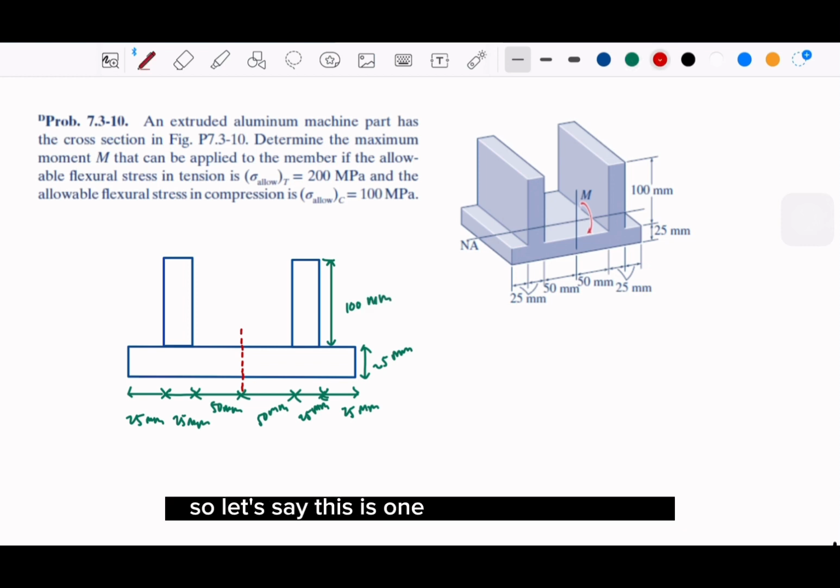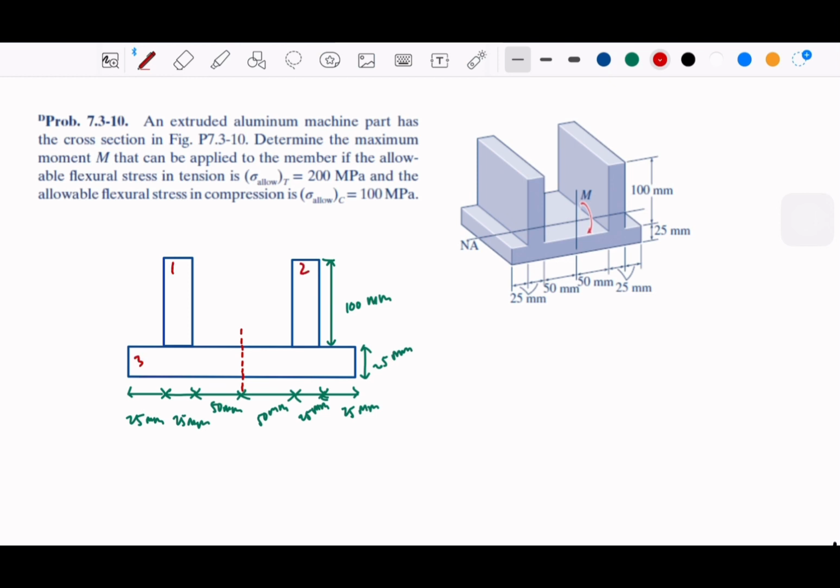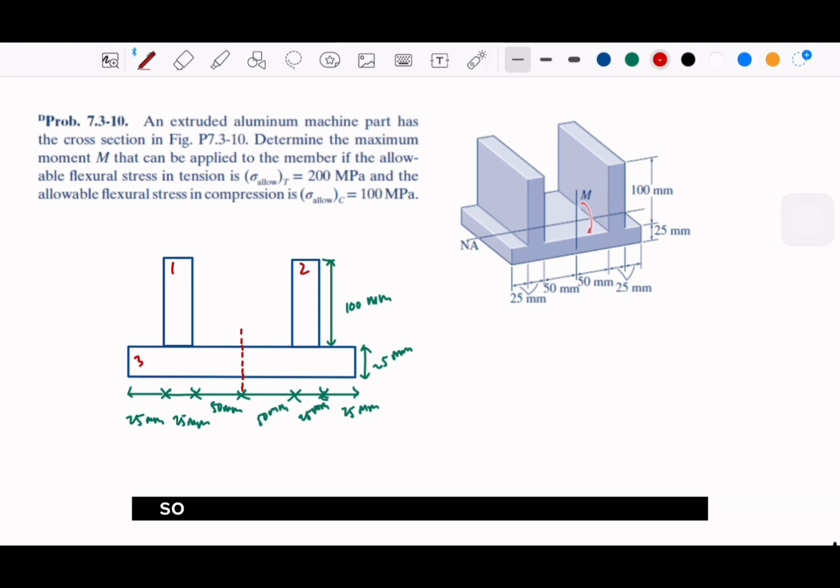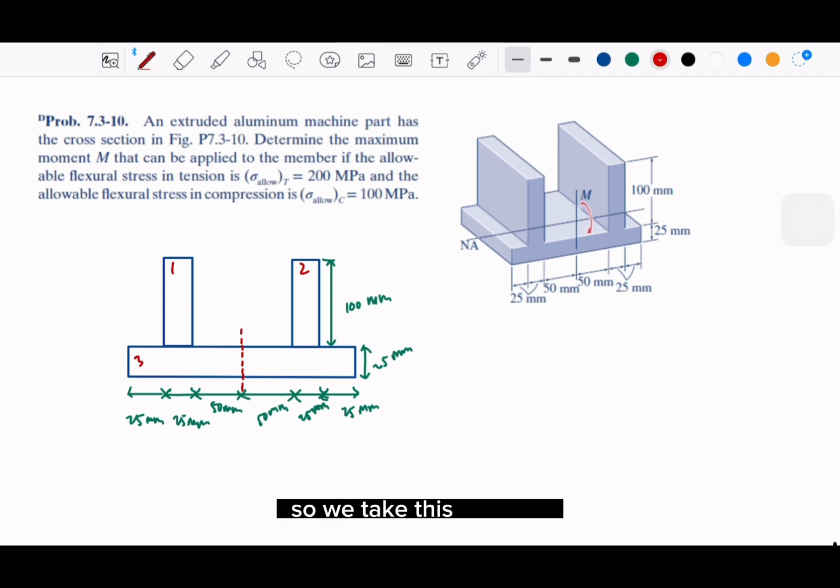So let's say this is 1, this is 2, 3. And all of them are rectangular, so we can find each shape's centroid. We take the first one here, name it C1.